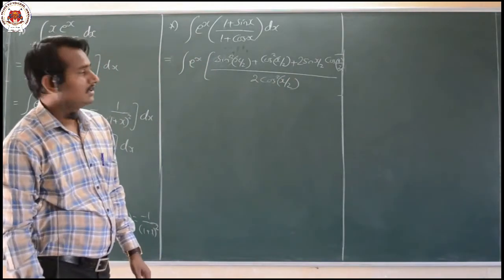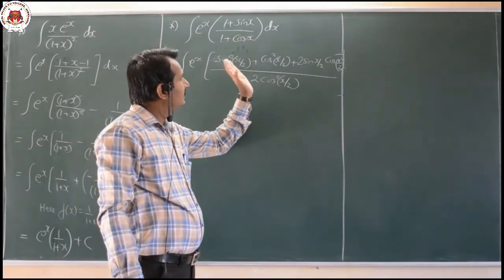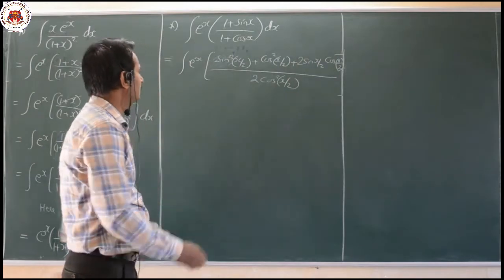Okay. Now here, a square plus b square plus 2ab, I can write as a plus b whole square.